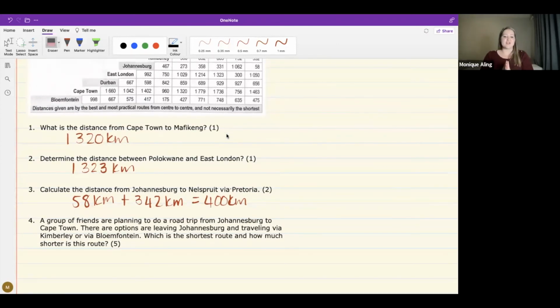A group of friends are planning to do a road trip from Johannesburg to Cape Town. Their options are leaving Johannesburg and traveling via Kimberley or via Bloemfontein. Which is the shortest route and how much shorter is this route?